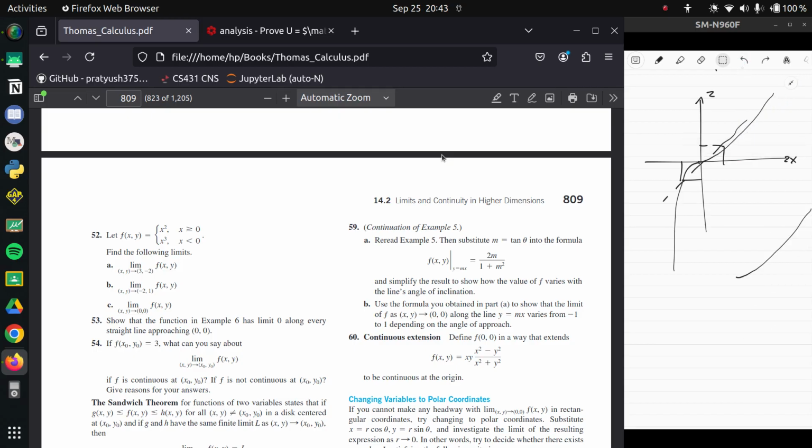Anyway, the whole point is, as x tends to 3, what does this go to? It's clearly more than 0, so nothing bad happens, it's 9.